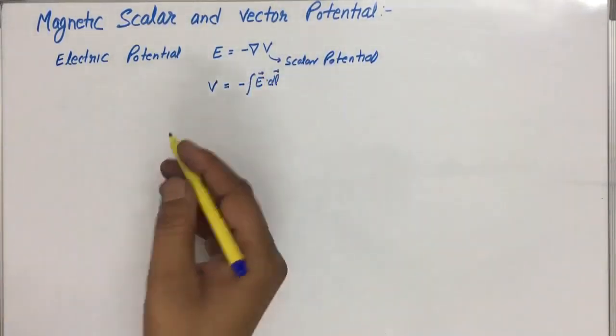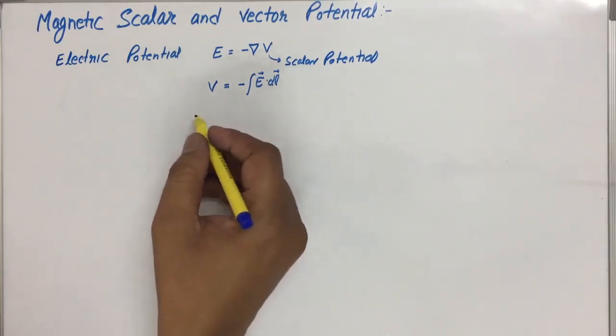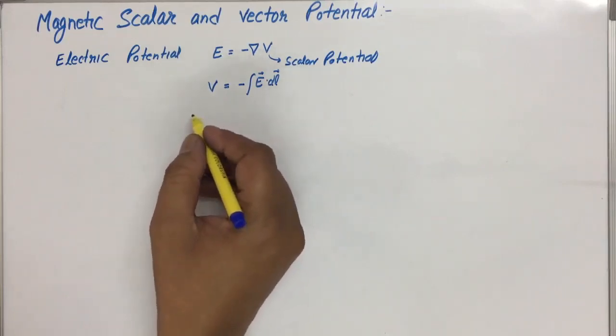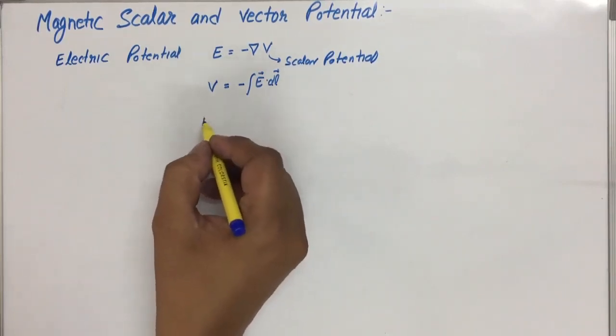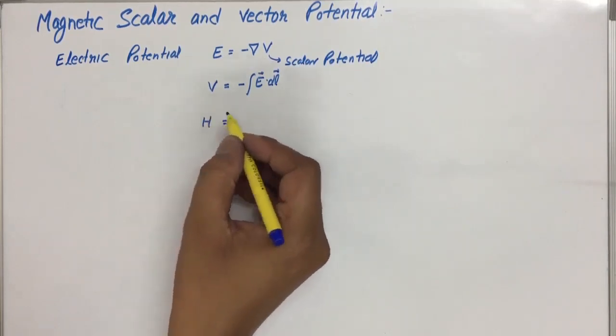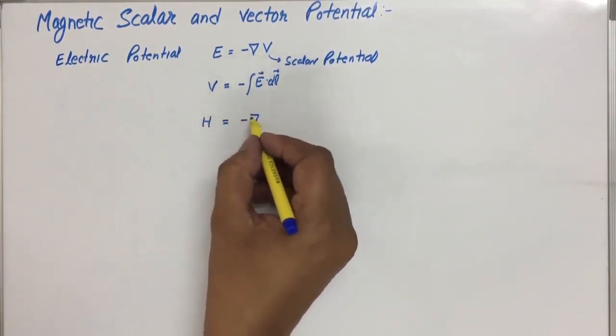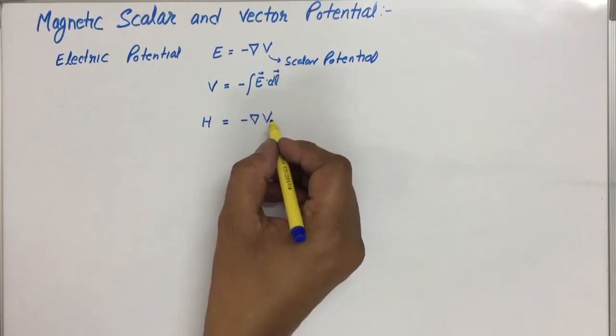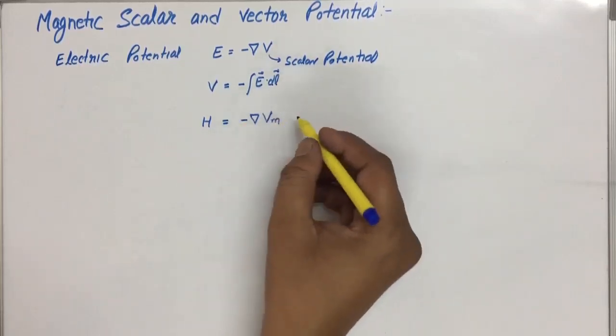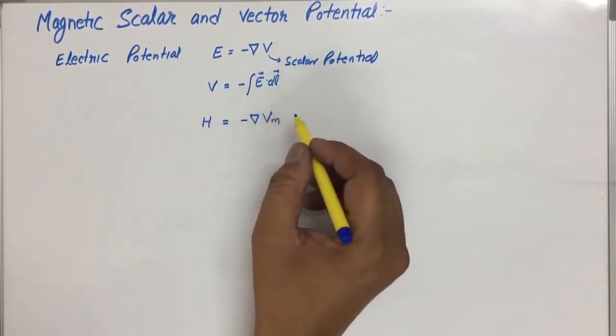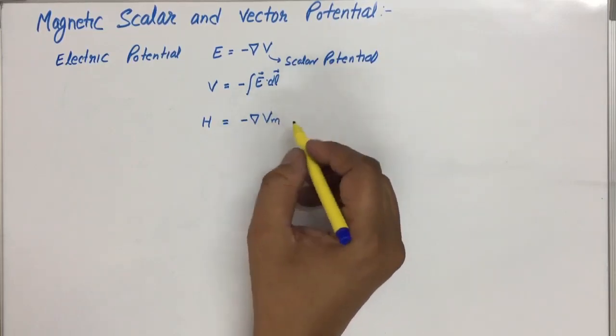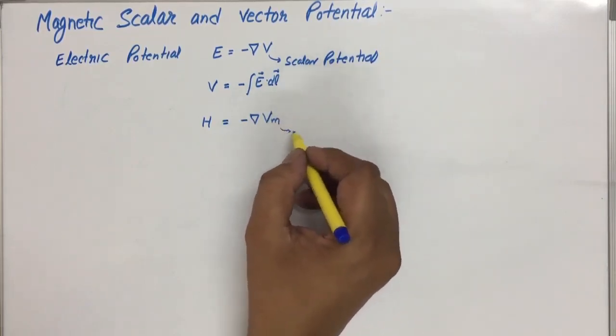Now similarly, in case of magnetostatics, H can be written as minus del Vm. This is magnetic potential, or we can say magnetic scalar potential.